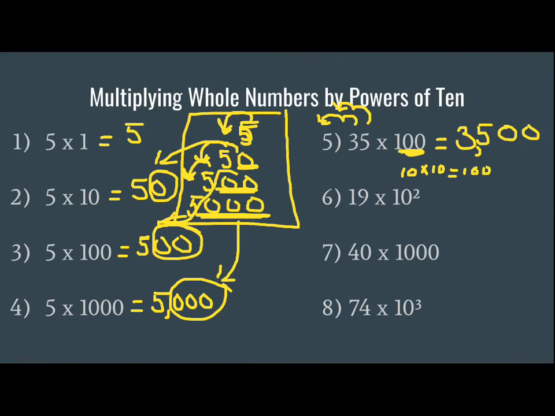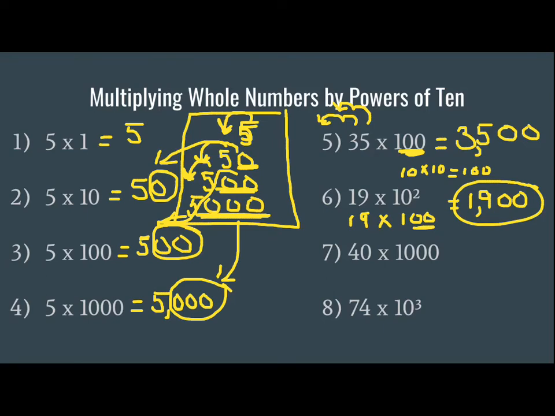So our problem is stating 19 times 100. How many zeros are we going to need to push for that 19 to become into the correct place value? We have 2. So our answer, we have 19 with our 2 zeros, or 1,900.